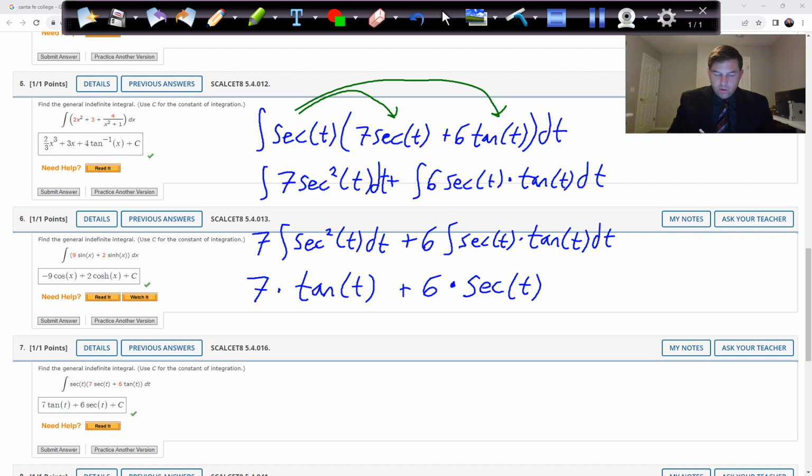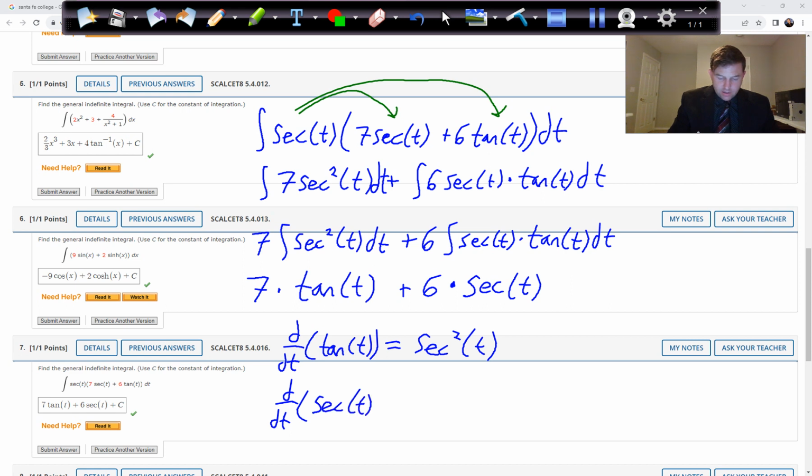Somewhere we would have shown that the derivative with respect to t of tangent t is secant squared t, and the derivative with respect to t of secant t is secant t tangent t.